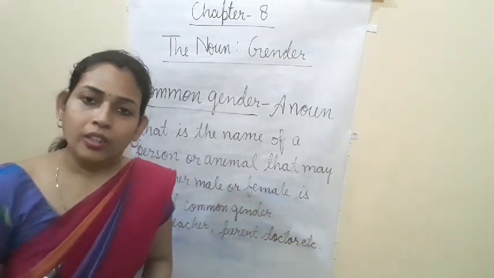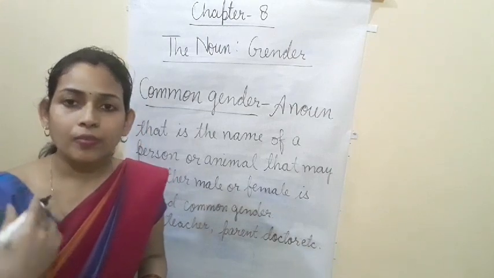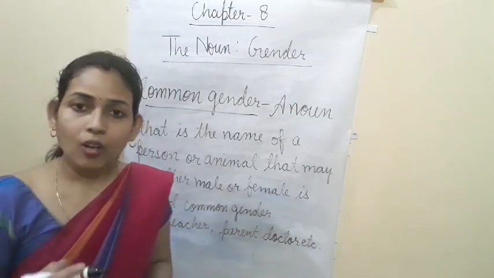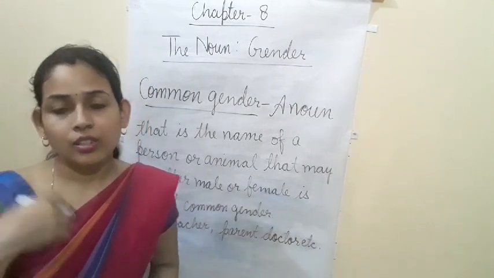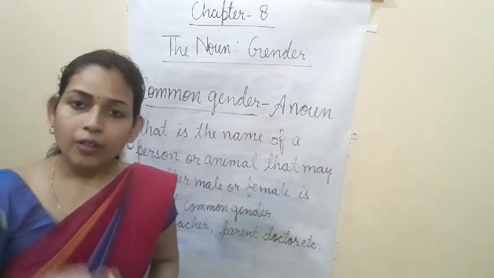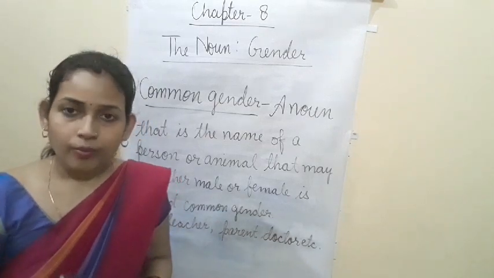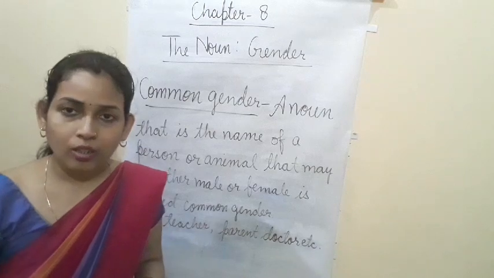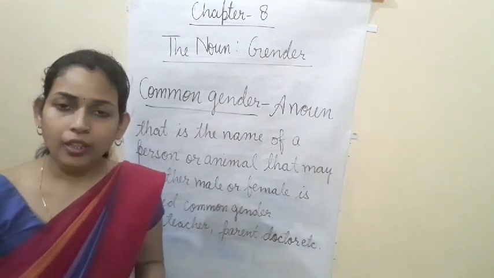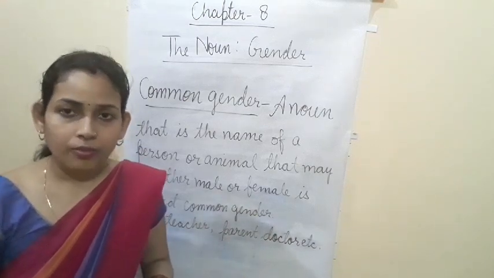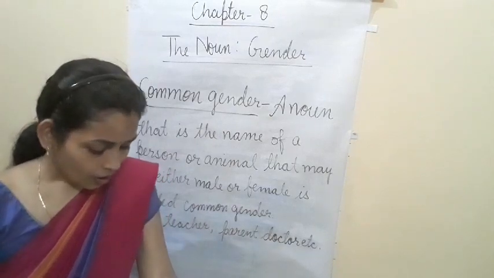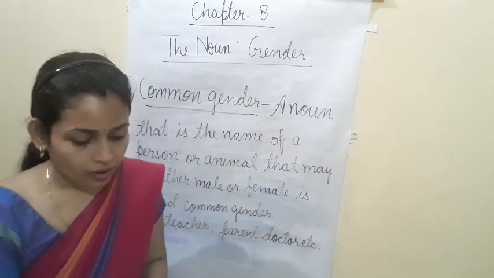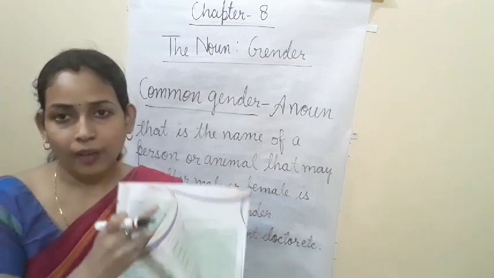Okay, in the question you can get like that also, mare. Okay, now mare is feminine gender, we will change into horse. So that we should know what is the masculine gender of mare and what is the feminine gender of horse. Okay, so we have to prepare it, because this is the only option, we have to prepare it.